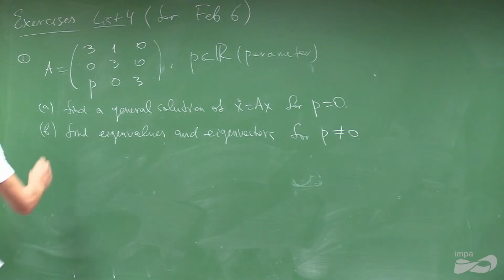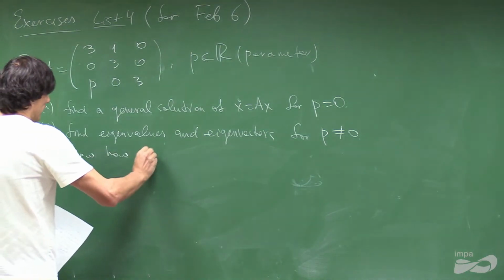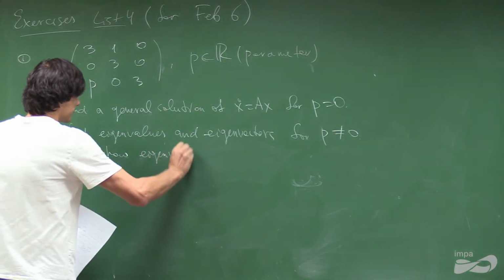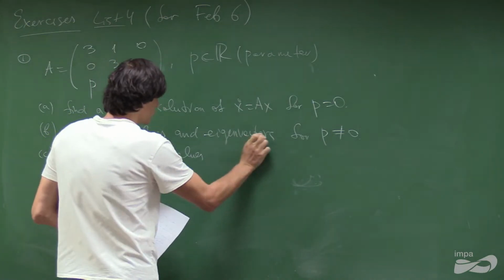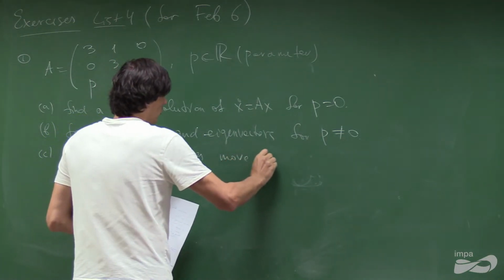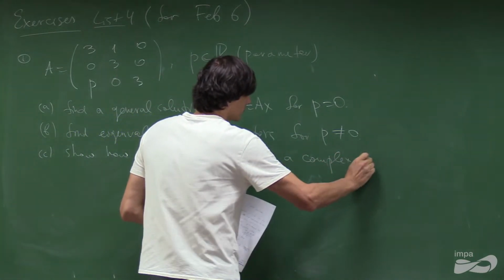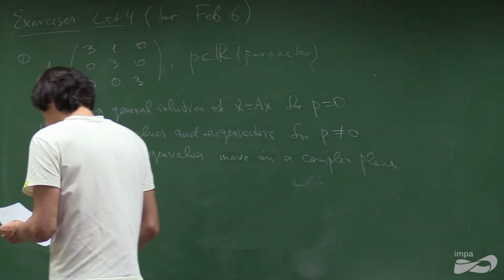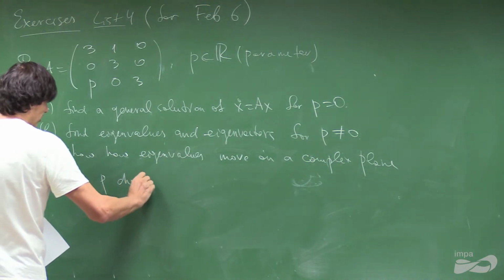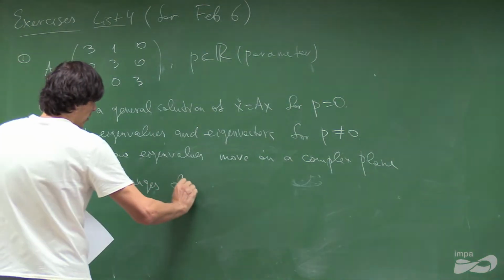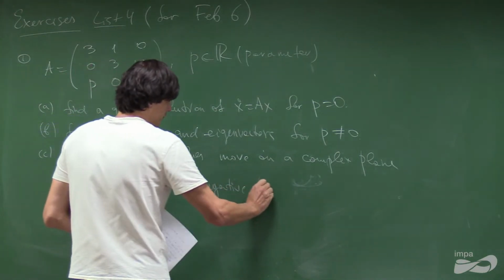And then C is show how eigenvalues and eigenvectors, eigenvalues move on a complex plane as p changes from negative to positive.